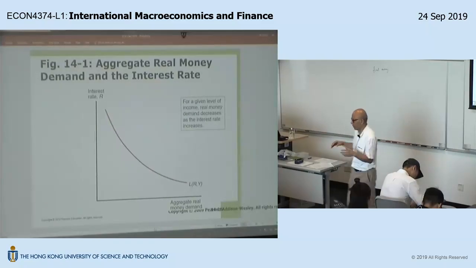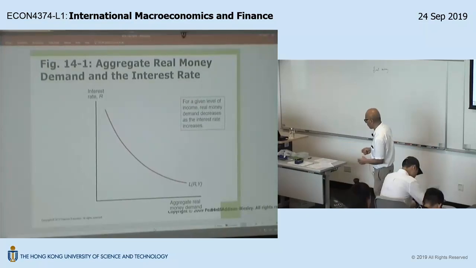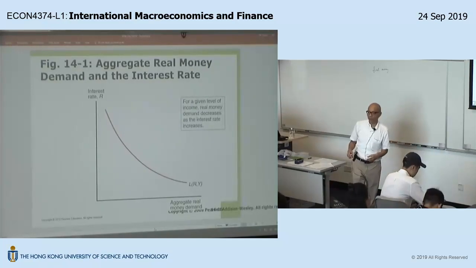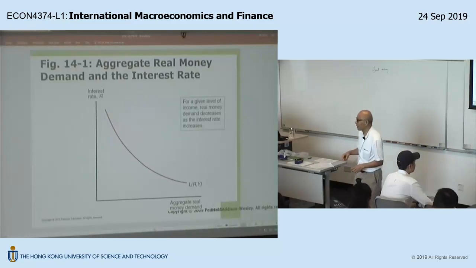I put lots of money in bonds because interest rate is high. So what do I do if I really want to pay? When I pay, I'll just sell my bond, liquidate it, and do the payment. Every time I liquidate my bond, it's time consuming.